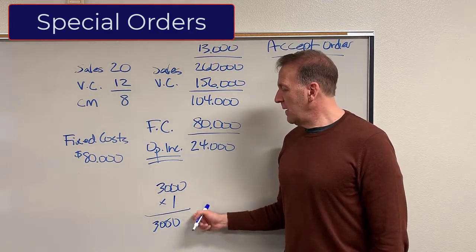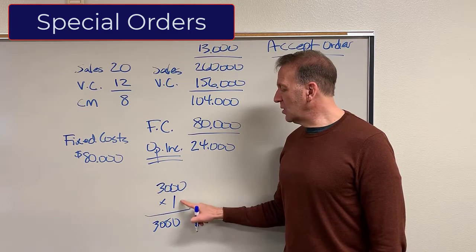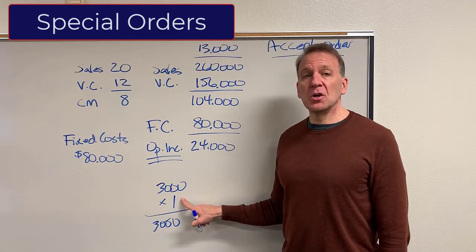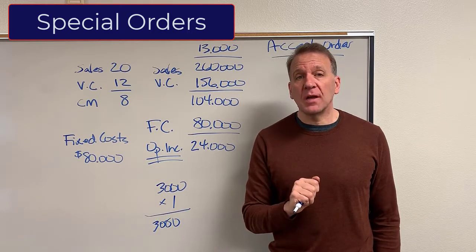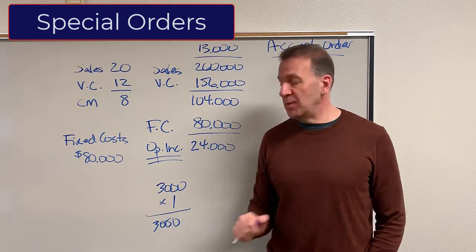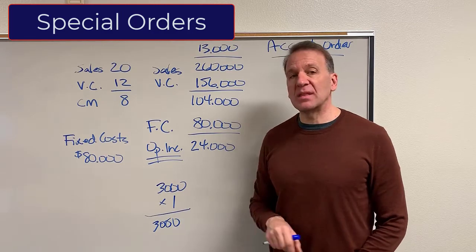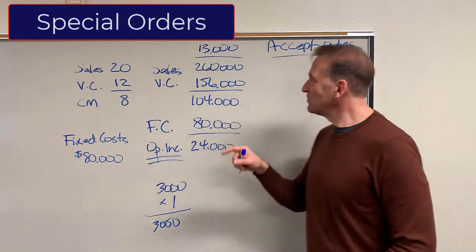We went over how the special order will be increasing our contribution margin by 1 because we had a $13 sales price minus $12 of variable costs, got us a contribution margin of 1, and we're selling 3,000 soccer balls. So let's see how this works.